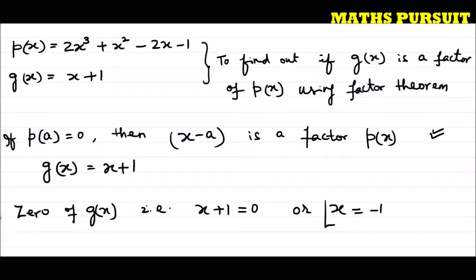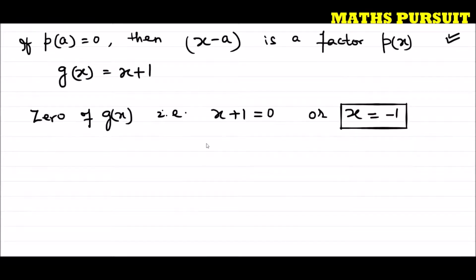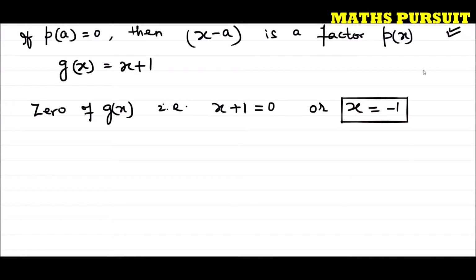This is what we get from the second polynomial, which we need to determine whether it is a factor of p(x) or not. So we got x = -1. Now let us replace the value of x in p(x) with minus 1 and see what we get.